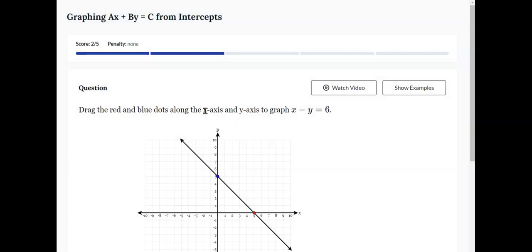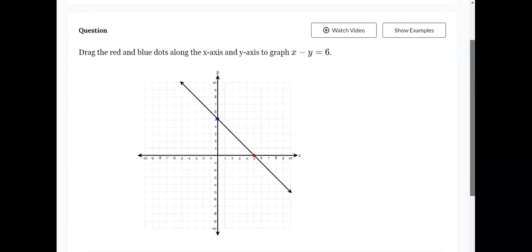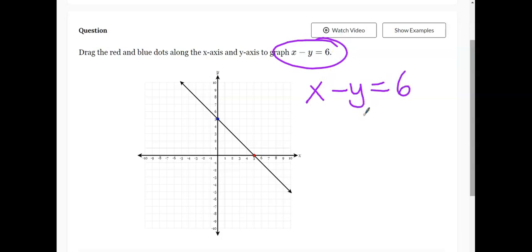Graphing ax plus by equals c from intercepts. So you notice this equation over here, it's not written in slope-intercept form, right? Because the y is not by itself. And when the x and the y are on the same side, you can find something called the x and y intercepts. So how you do that is you take this value of x and substitute a 0 in here, and you get one equation for x.